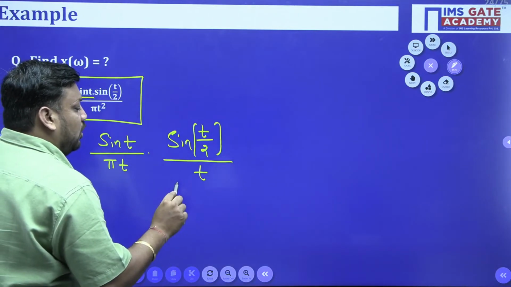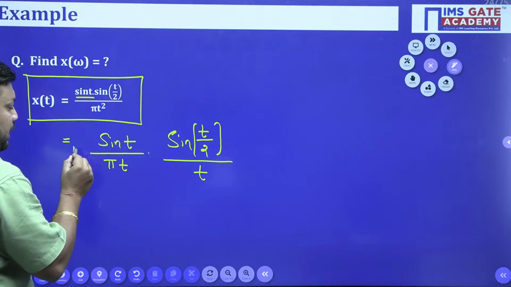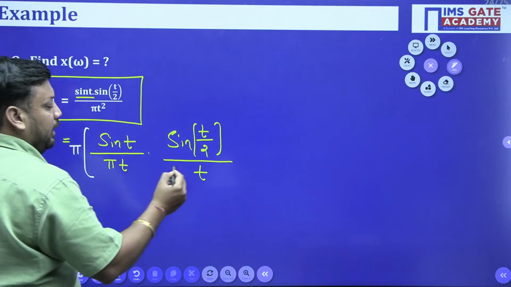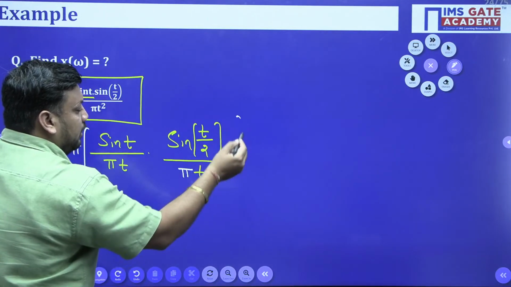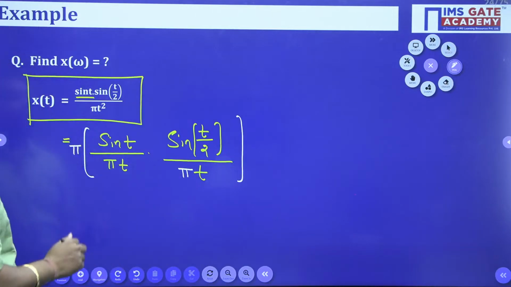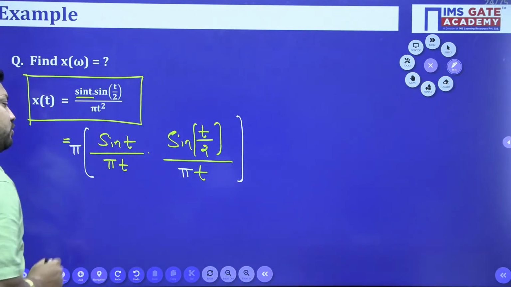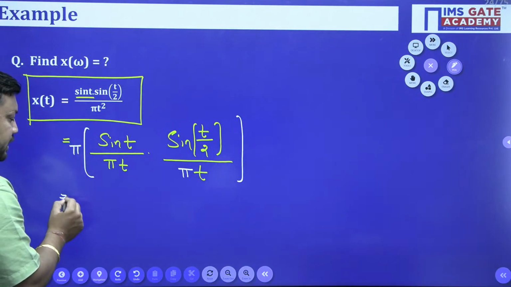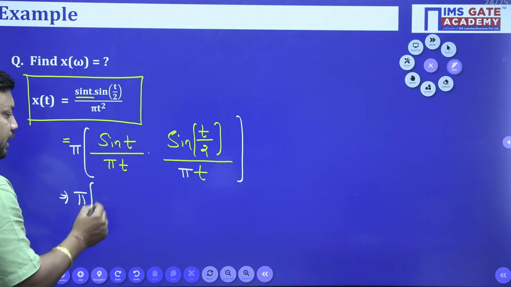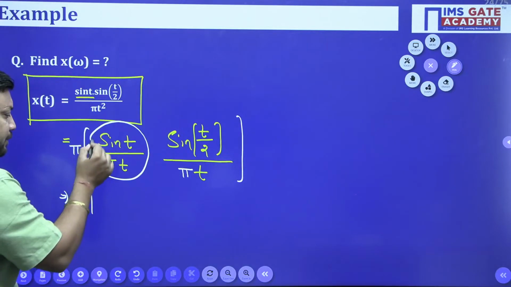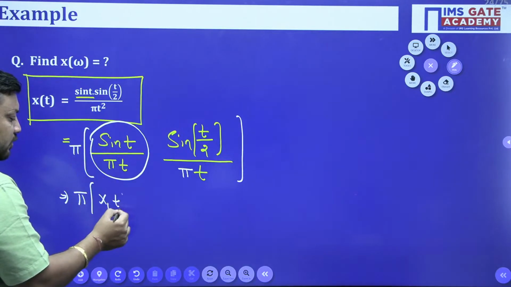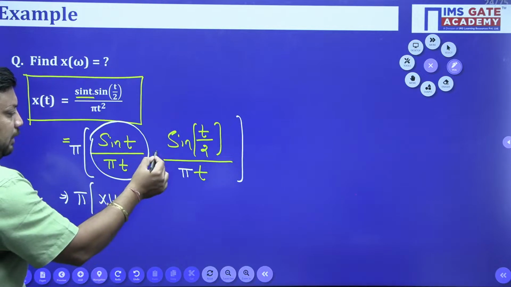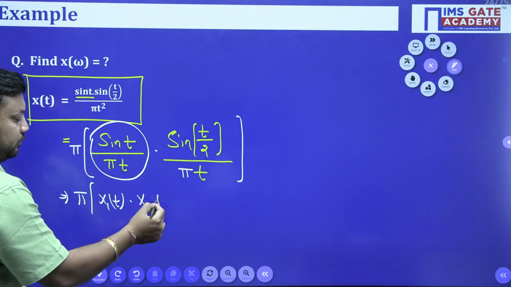Since pi is not there, I multiply by pi here, and I can also multiply pi here, so pi cancels out and I get the same expression, pi t square. So pi into what? Can I make this signal x1(t) and x2(t)? So pi into x1(t) multiplied by x2(t).